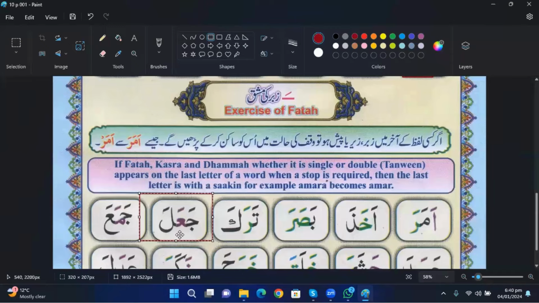Beside this, from here, you can select any other color. For example, here is red. So you can write the date here, for example, 3rd of January.